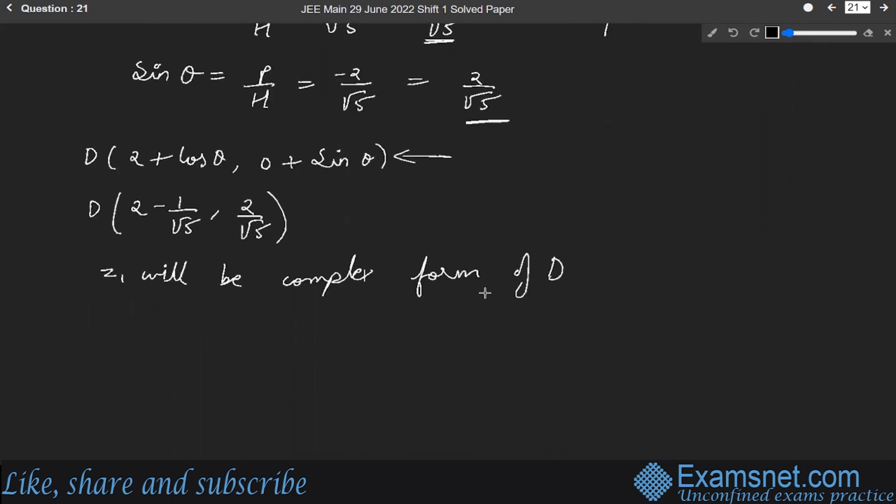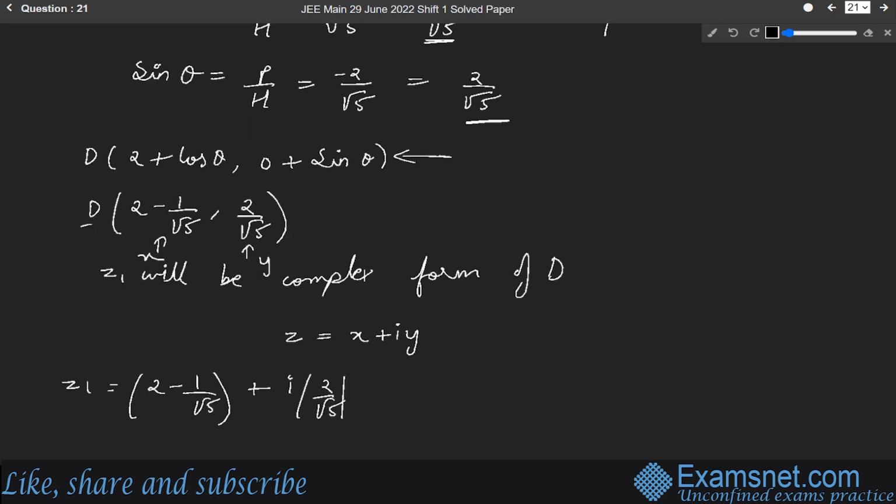So what will be the complex form? We know that complex form is Z is equal to X plus IY. Okay. So for Z1, it will be 2 minus 1 upon root 5 plus I into 2 upon root 5. Okay, this is the value of X and this is the value of Y. So if we write it in the complex form, it will be X plus IY. All right. So this is the complex form of point D.